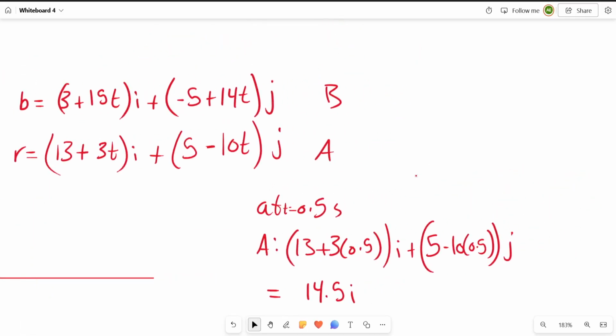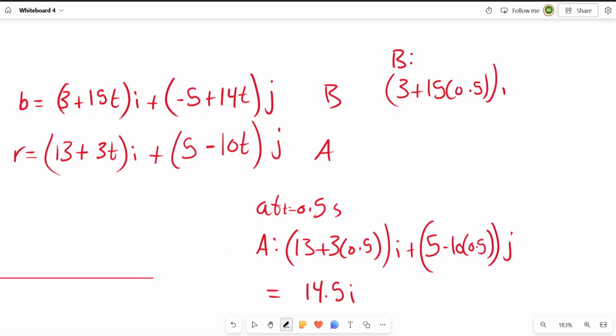Let's do the same for B. We're going to have 3 plus 15 times 0.5 in the i, plus negative 5 plus 14 times 0.5 in the j.